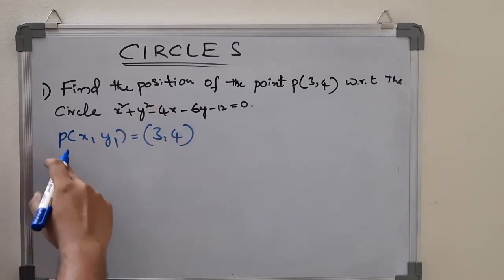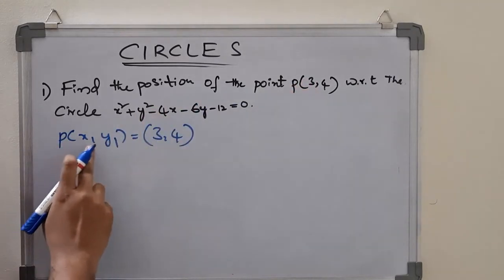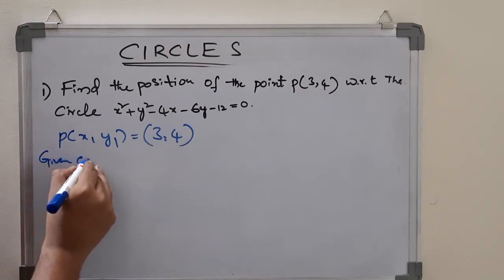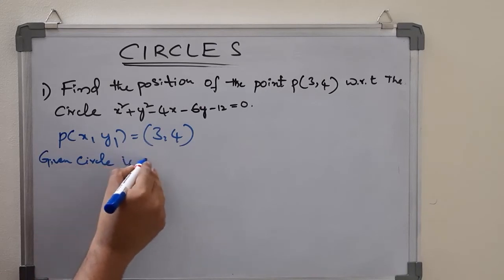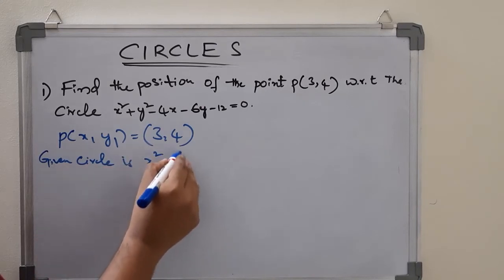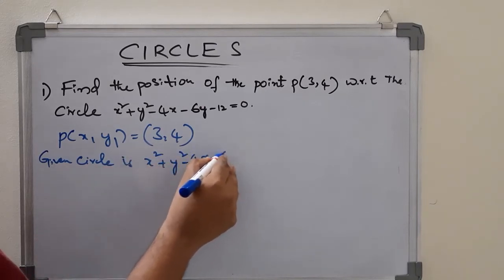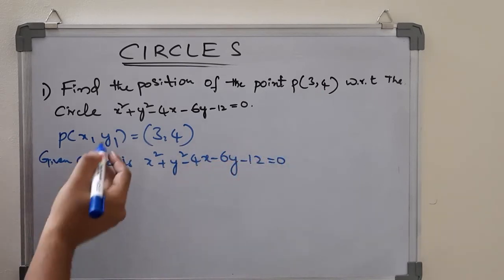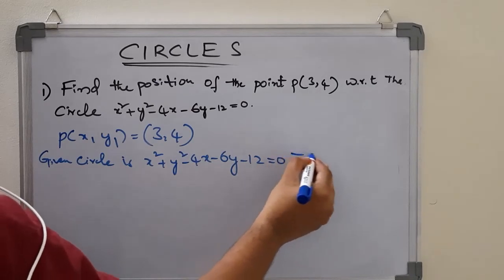You have to consider this given point as (x1, y1). Now the given circle is x square plus y square minus 4x minus 6y minus 12 equals 0. So consider this as S.